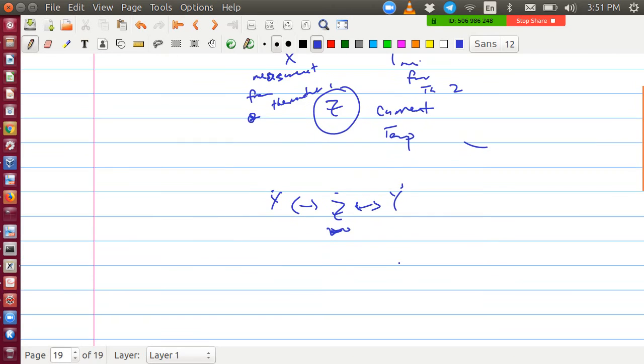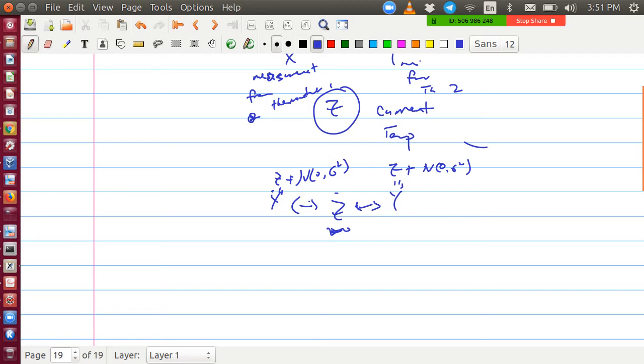To make it very concrete, both x and y will be equal to z plus some independent Gaussian noise, with some variance.